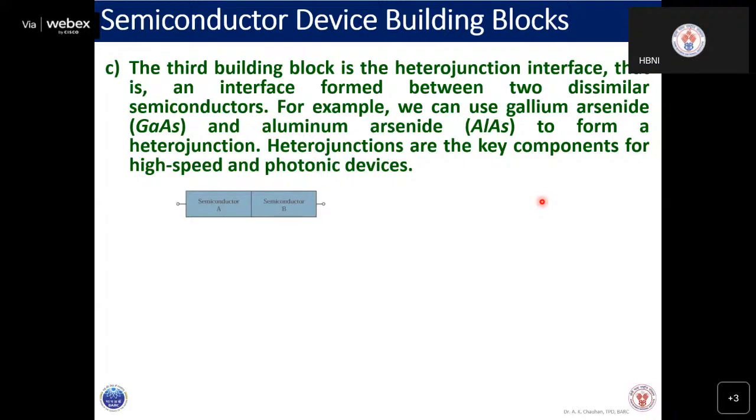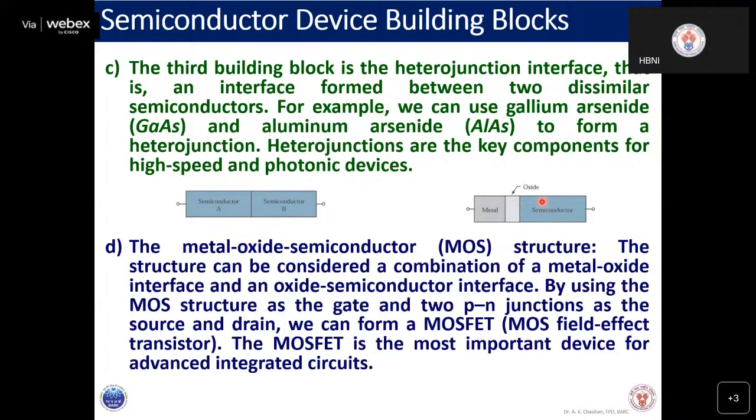So first building block, metal semiconductor. Second building block, when you join P-type and N-type together. Then one semiconductor to another semiconductor, heterojunction. That is the third building block.